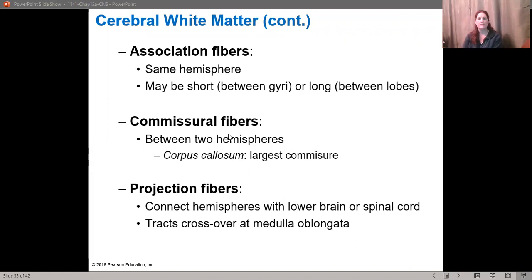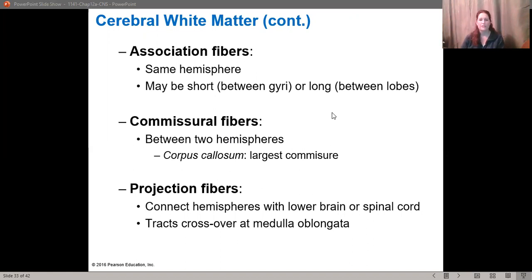So we're looking within the same hemisphere. Commissural fibers occur between the right and left hemisphere. The largest one is the corpus callosum. There's also one called the fornix. And these are going to help the right and left hemisphere communicate.